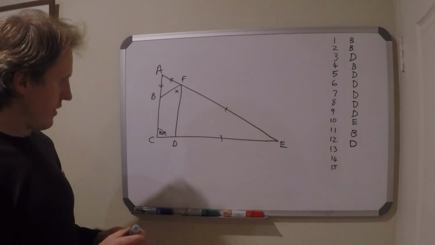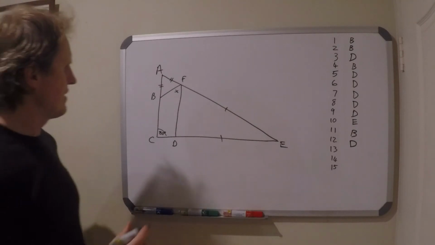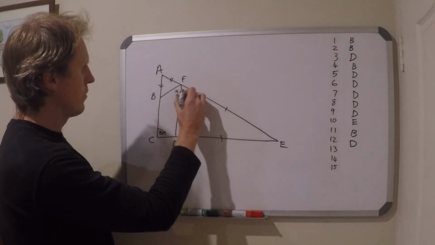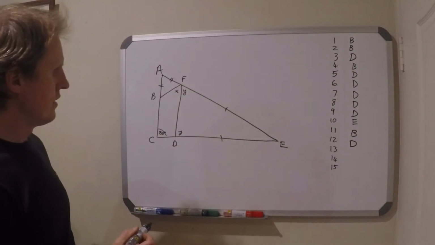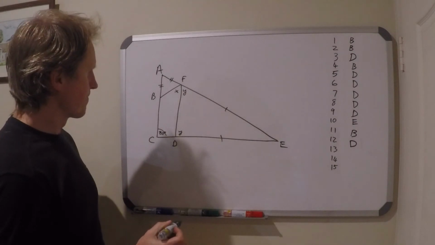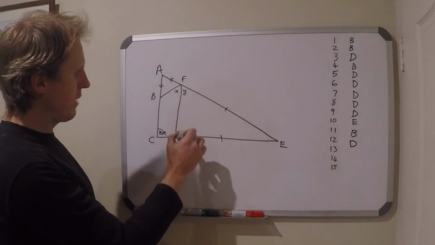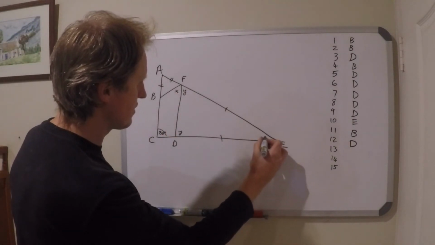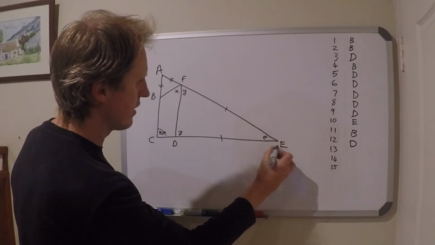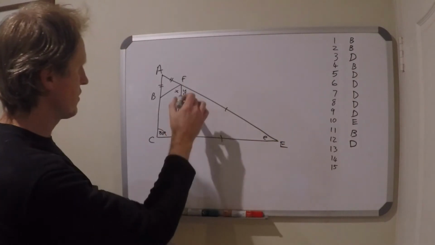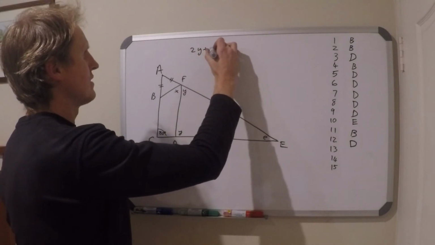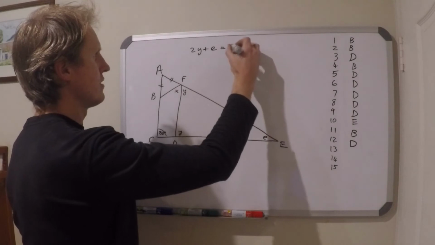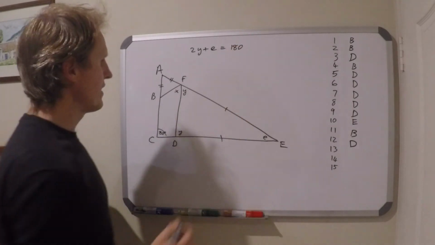Okie dokes. So let's call this angle here Y. We know that Y plus Y, and let's call this angle E to match that corner label, so 2Y plus E equals 180 degrees.